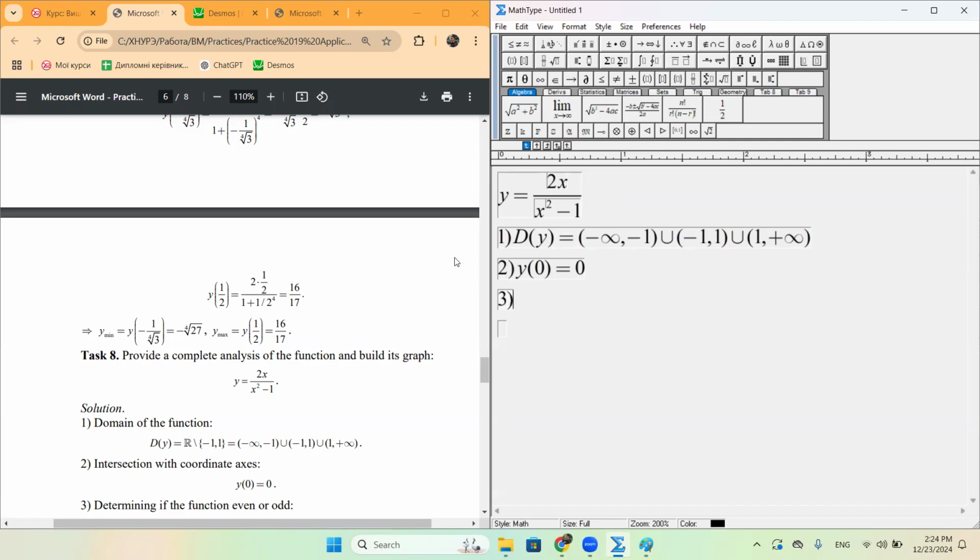Then we need to determine if the function is even or odd. So, substituting -x instead of x. And what will we see?